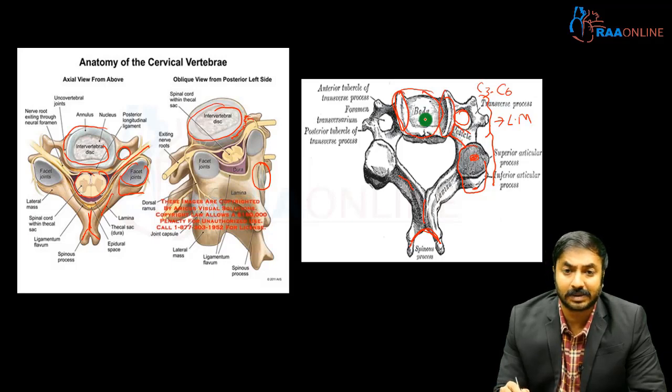Other than this, there are ligaments which are responsible for the biomechanics of the cervical spine. One is the ligamentum nuchae, in the posterior aspect, where the cervical musculature originates. Second, anterior to the spinous process and lamina is the ligamentum flavum, which runs across posteriorly.